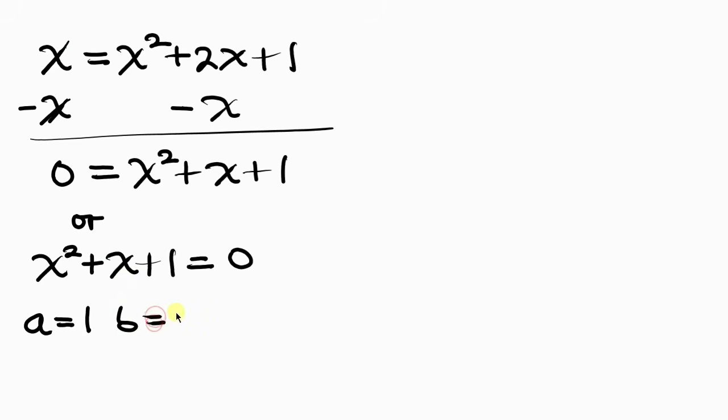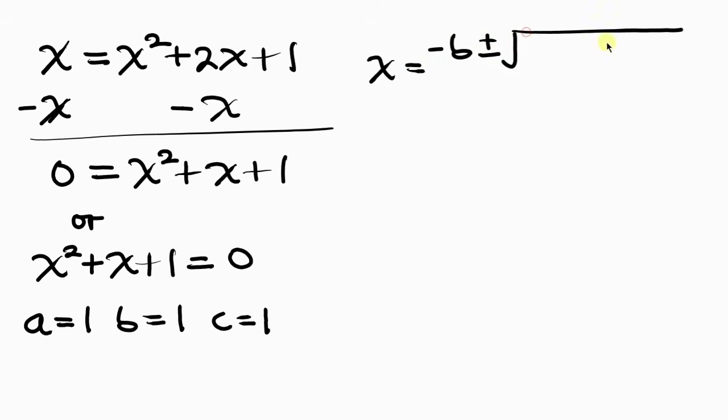Our b is also 1. And our c is interestingly 1. Good. So the quadratic formula we're making use of is x equal to negative b plus or minus the square root of b squared minus 4 times a times c, all over 2a.